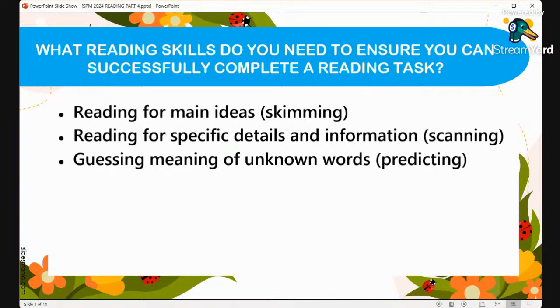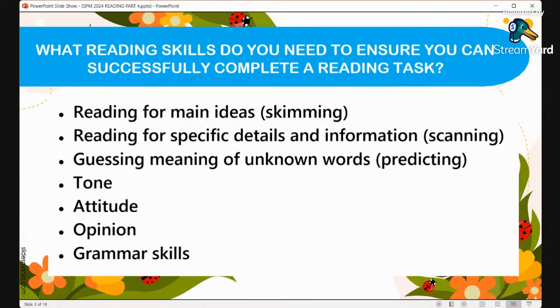We might also have done predictions when we were doing just now part 2, close text. All right. And then tone, attitude, and opinion, and definitely grammar skills.